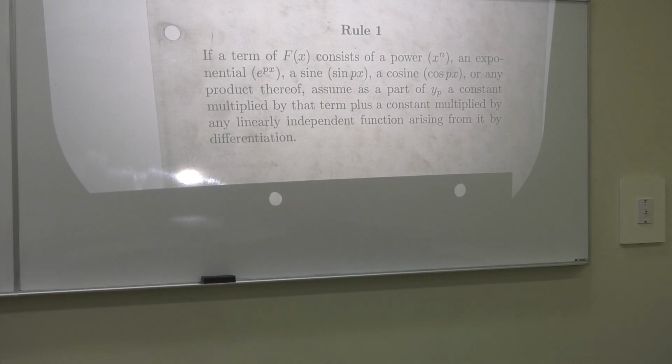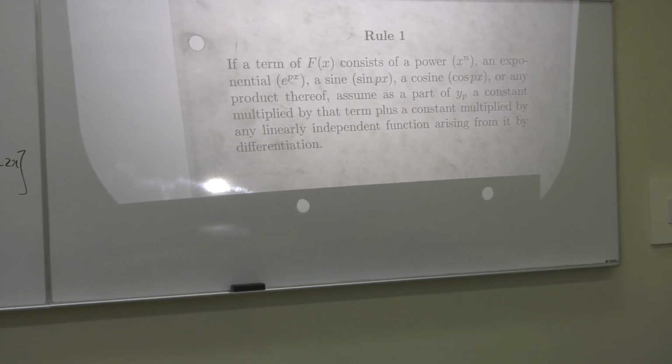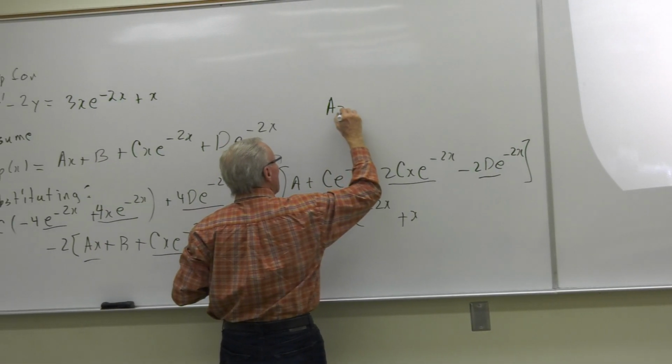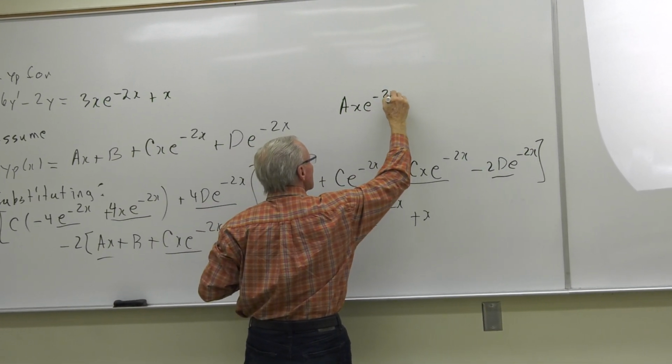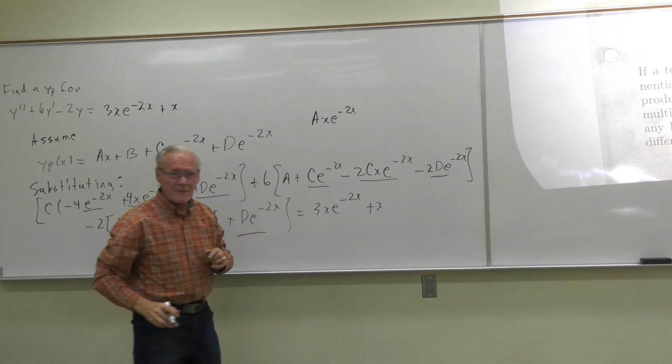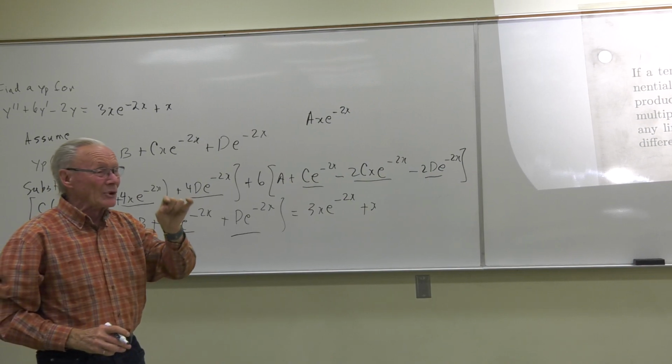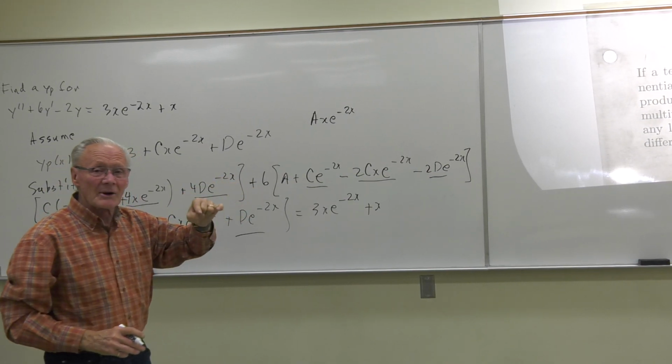That rule encompasses what we saw before. In particular, if I simply look at this one, you should put a x e^(-2x). You should then differentiate that. And if you get anything new, meaning linearly independent, put a constant in front of it.